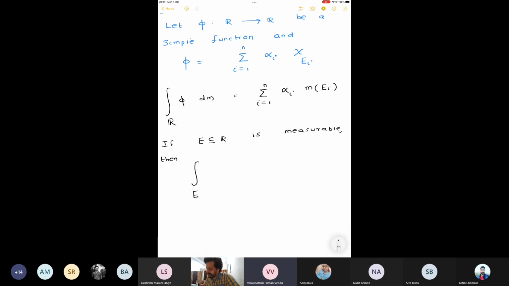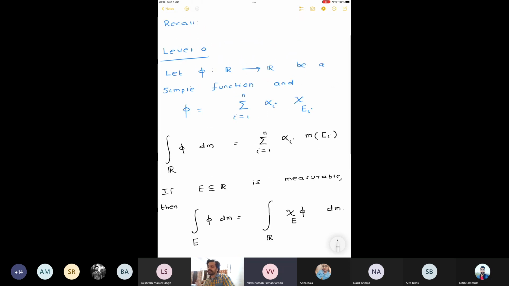The integral over E of phi dm is equal to the integral over R of chi E, the characteristic function on E, times phi dm. Because the characteristic function switches on only on E and it is switched off outside E. So in effect, you are integrating only over E. So this is level 0.